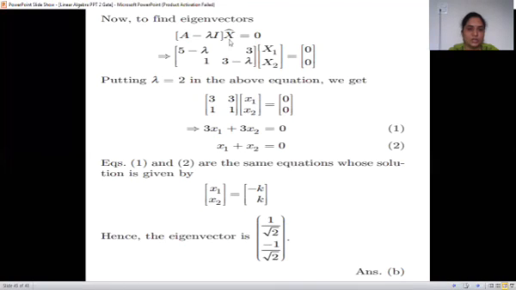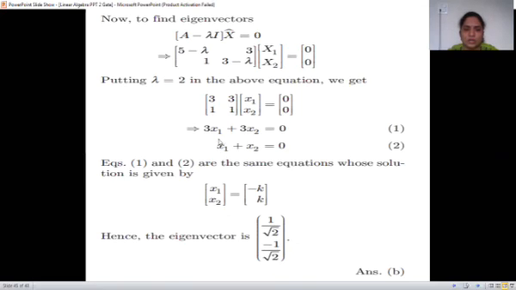So 5 minus lambda, 3. Subtracting lambda 2 in the above equation, we get 3 3 1 1. Right? So writing the equation, 3x1 plus 3x2 is equal to 0, x1 plus x2 is equal to 0. Solving them, we can see these two equations are the same.